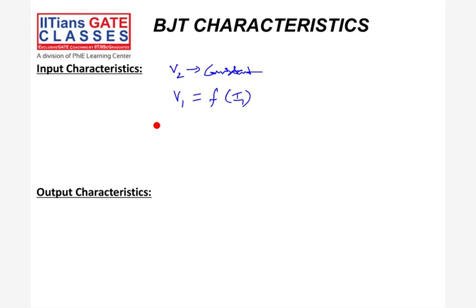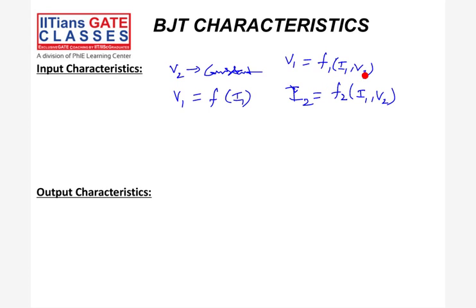So I think it is clear that in our BJT we always see V1 as one function that is dependent on I1 and V2, and I2 will be function 2, also depending on I1 and V2. I think you have seen H parameters, it is based on those H parameters only.